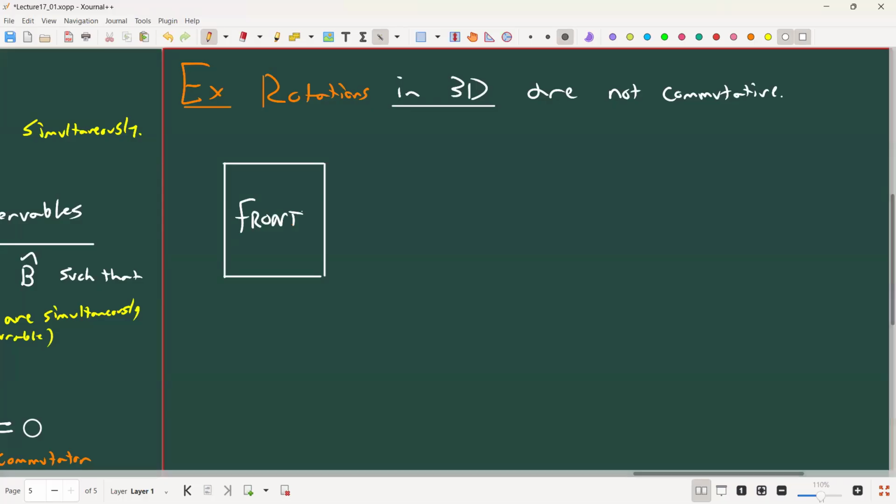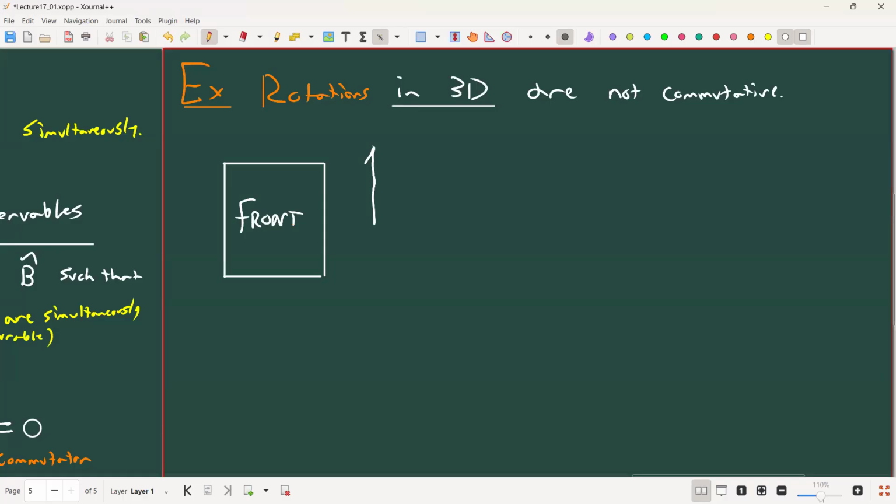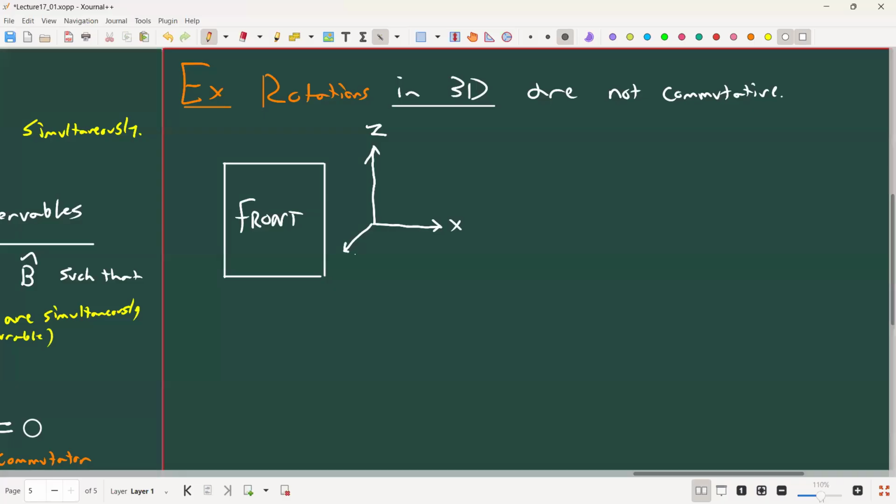Notice that I have the orientation right side up and I'm facing straight away from you. We're going to define an axis system for this book, and I'm going to rotate the book through a sequence of rotations along different axes. Then we're going to swap them and see what happens. They're different.